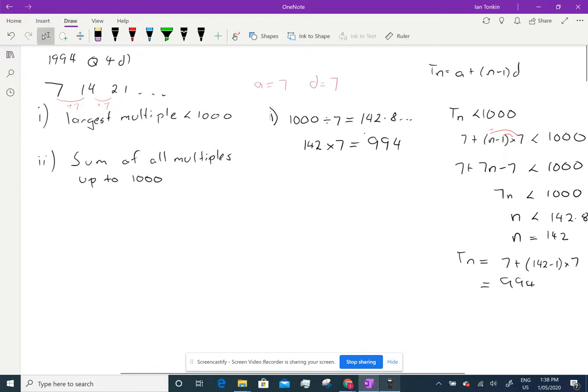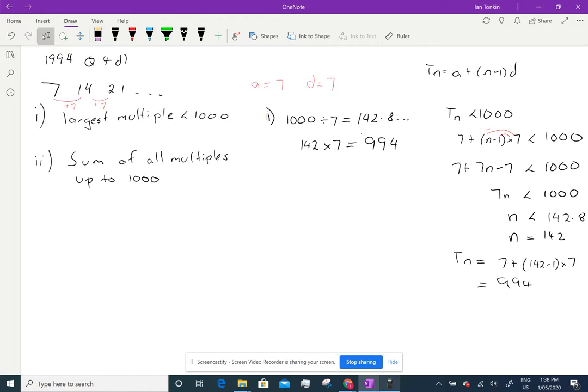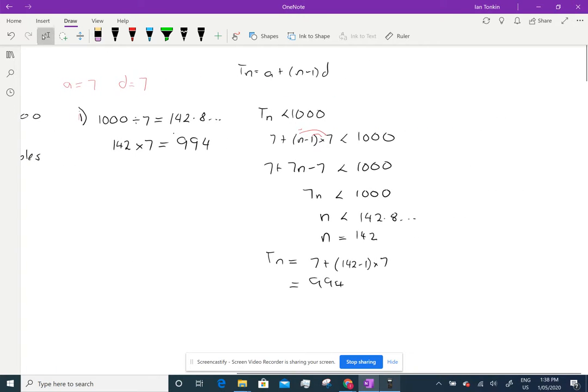Now, the next one says, add up all the multiples of 7 from 1 to 1,000. So you've got to add up all these, 7 plus 14 plus 21. Well, you're already ahead of the game because you know S of n equals n on 2 times A plus L, because of Carl Friedrich Gauss. And that's how we started this, if you remember back.